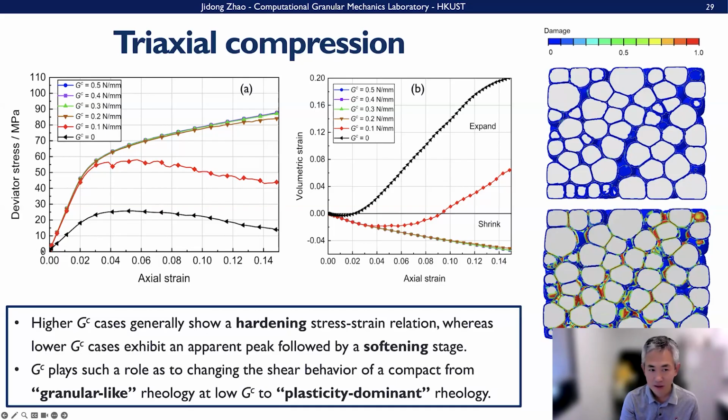And then you can see here, it gives us a compression hardening and peak and then softening behavior. This is what we typically observe for granular matter. Okay, if the energy is small it can still exhibit a similar case, but if the fracture energy is big enough, you can continue to observe a cohesive behavior, a hardening behavior here.